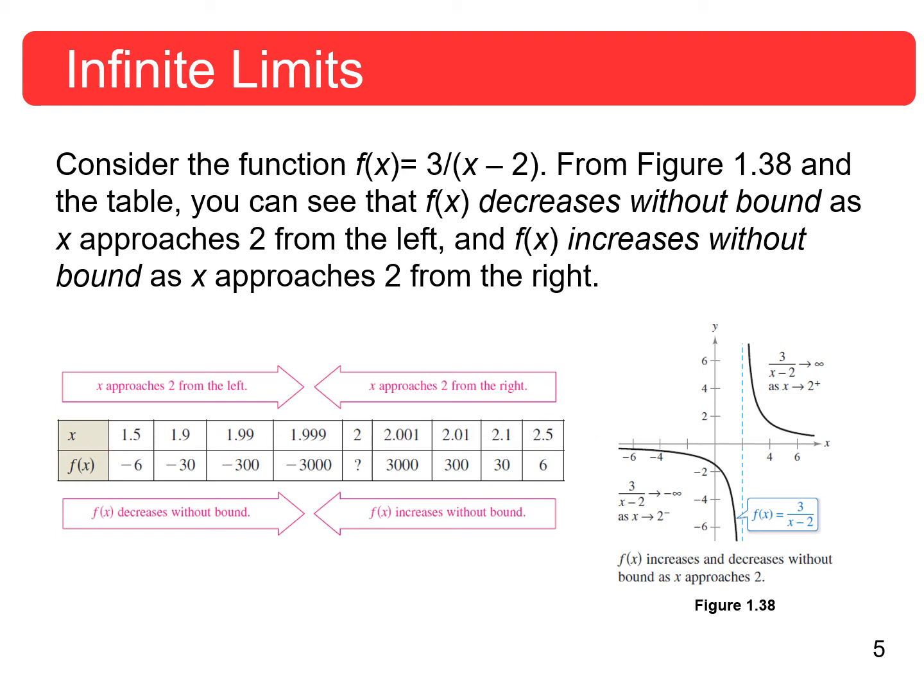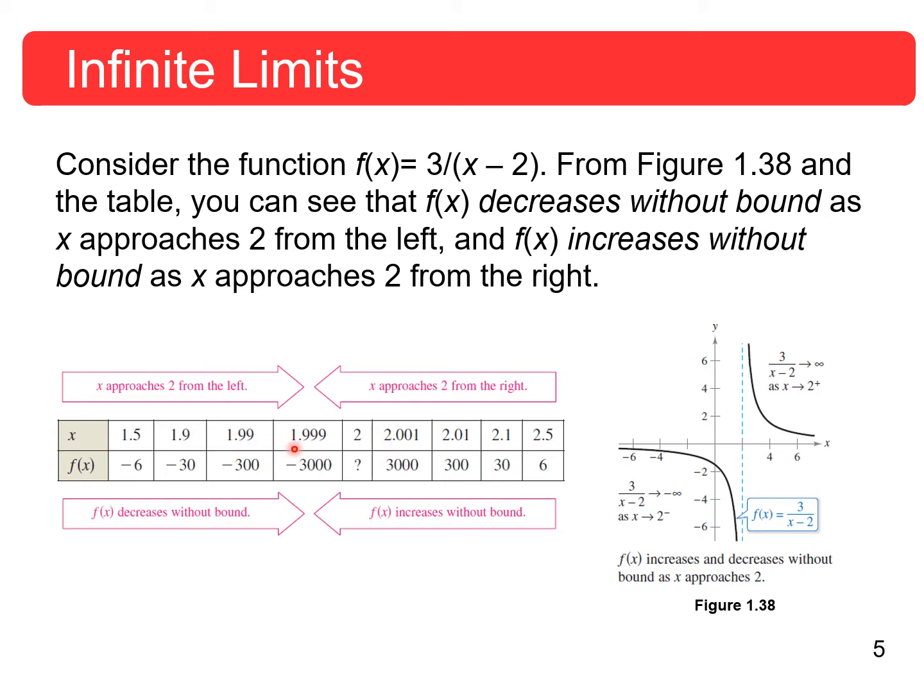As you can see from the graph, as x approaches 2 from the left, f of x decreases without bound, while as x approaches 2 from the right, f of x increases without bound. And that can also be confirmed by the values here in the table.